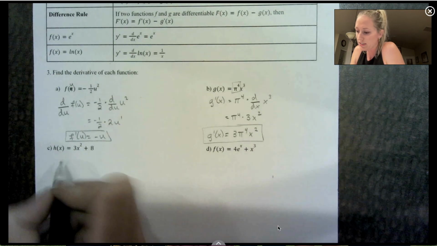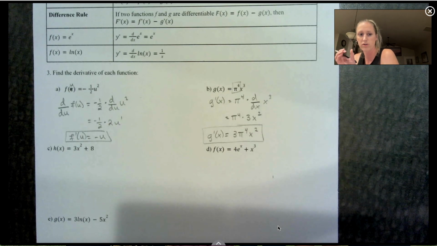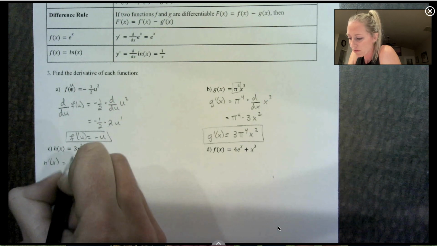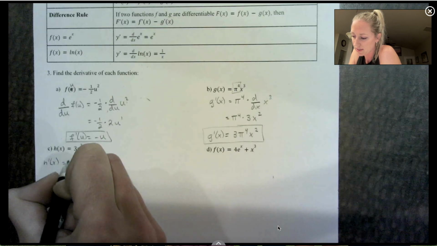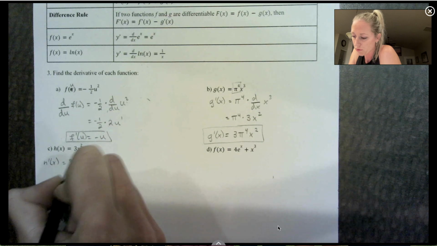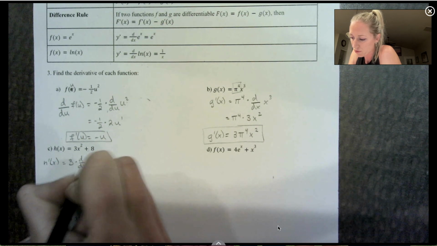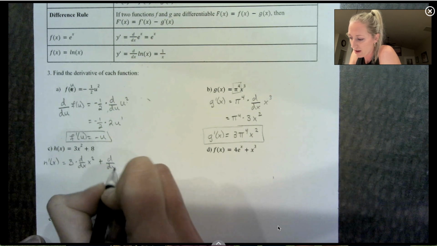Okay, h of x. I'm adding 2 functions here. I can think of one function as 3x squared and the other is 8. So if I want to find the derivative of those 2 together, we can basically treat it like this. Again, I've got that constant multiple, so we can do 3 times the derivative of x squared plus the derivative of 8.